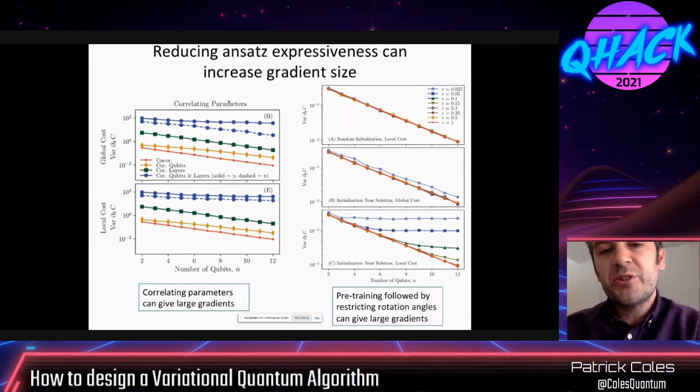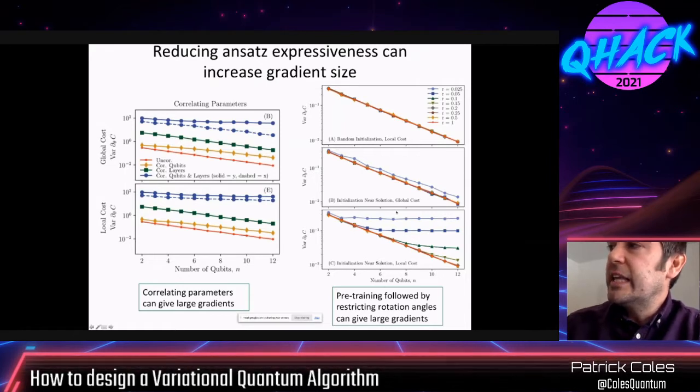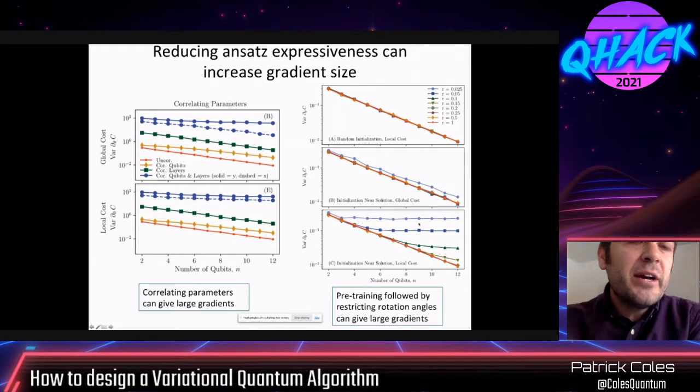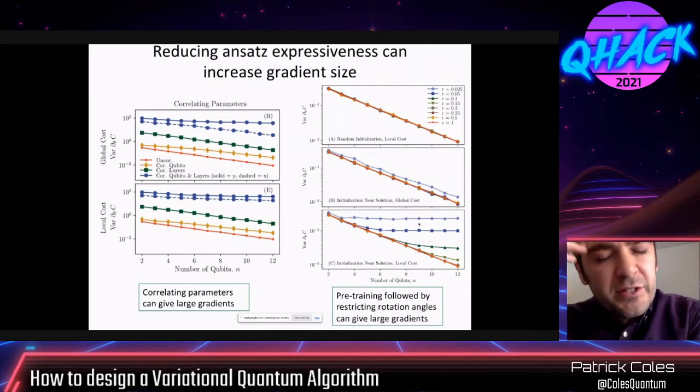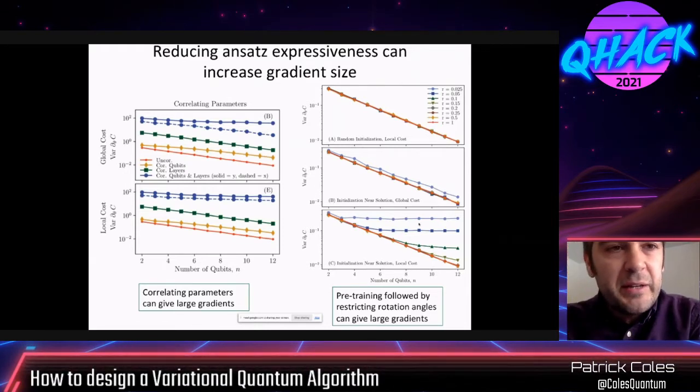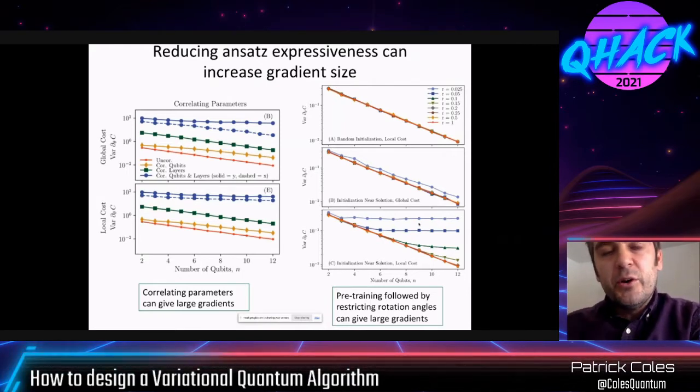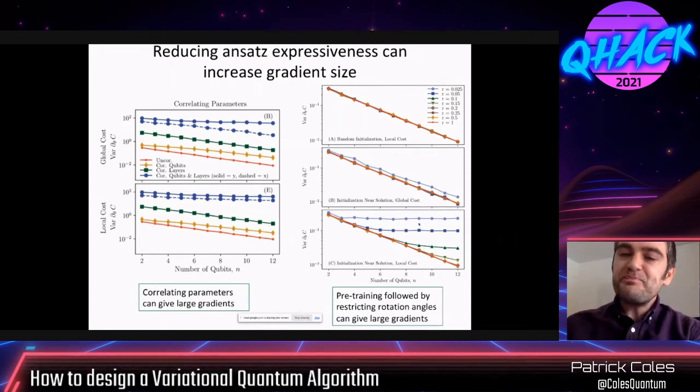If you can pre-train to get yourself near the solution, then we found that you can get really large gradients by just restricting the rotation angles. So anyway, this is still an active area of research, but I think there are some promising strategies for avoiding barren plateaus by engineering large gradients.